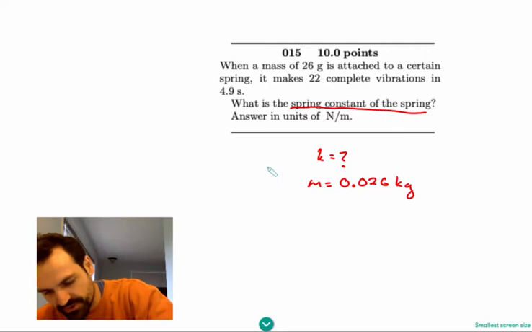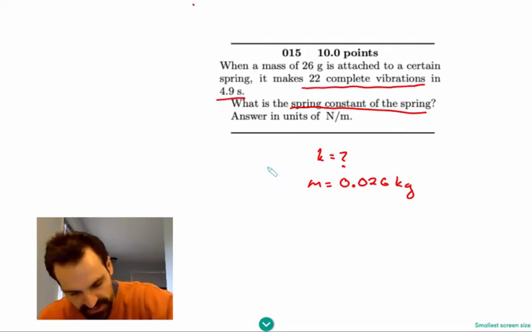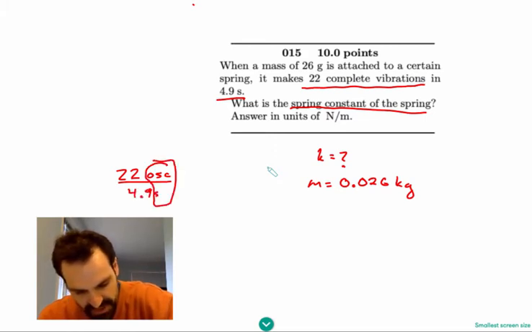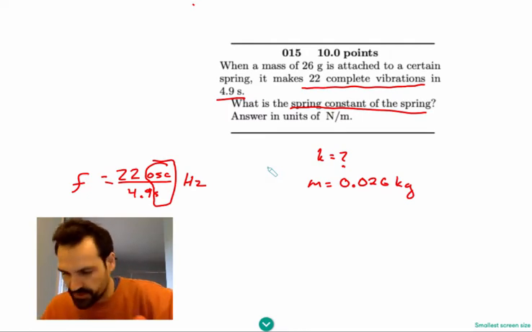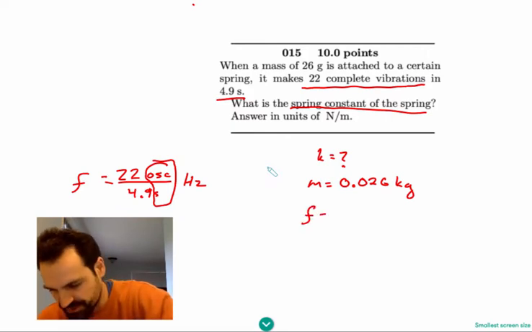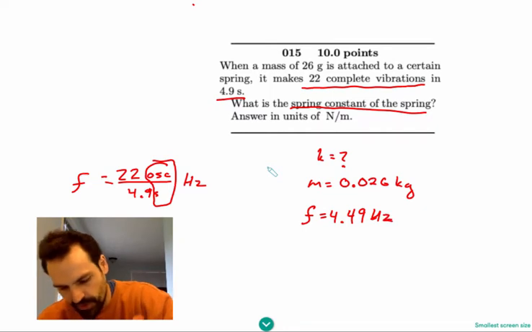We know 22 vibrations in 4.9 seconds, 22 oscillations in 4.9 seconds, and that's going to be measured in oscillations per second, or hertz. So that's going to be our frequency. So 22 divided by 4.9 equals a frequency of 4.49 hertz. So now I'm trying to find spring constant.